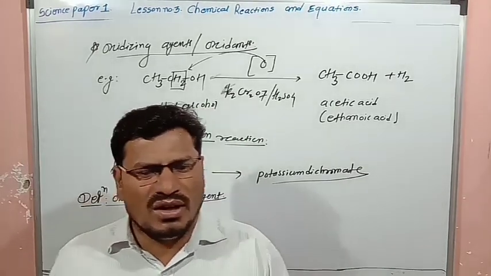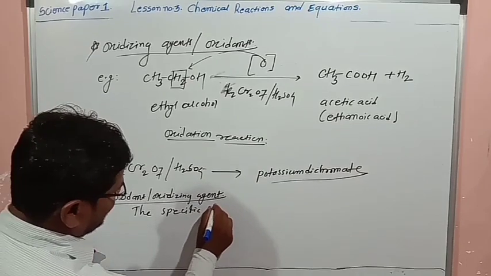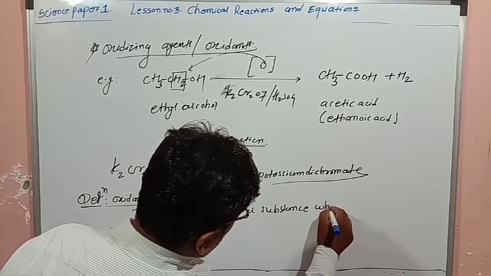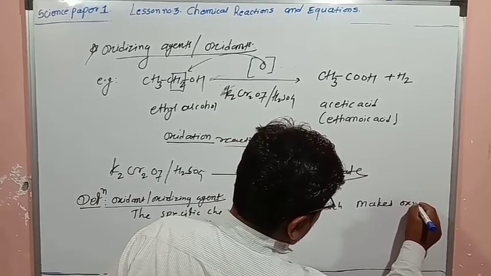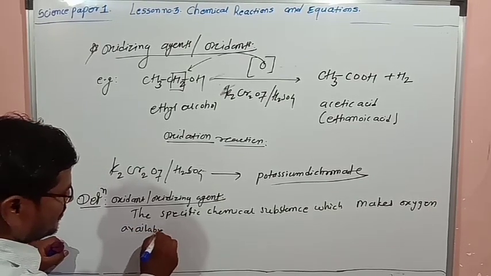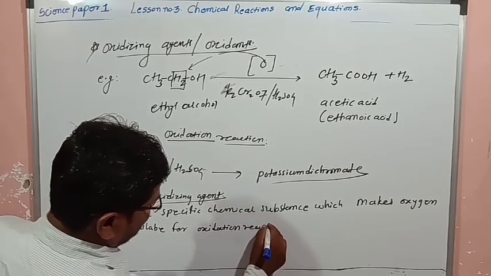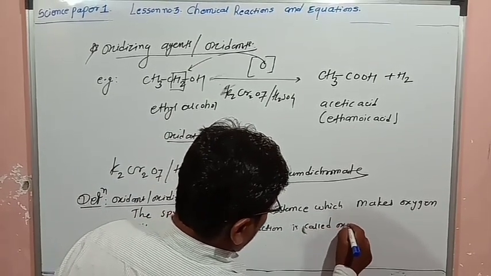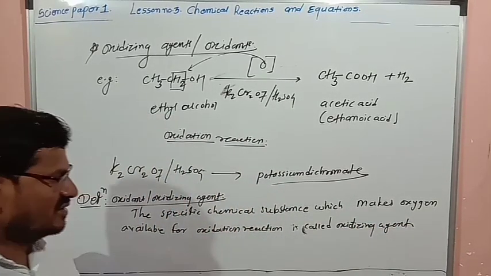So the definition we will write: the specific chemical substance which makes oxygen available for the oxidation reaction is called an oxidizing agent.